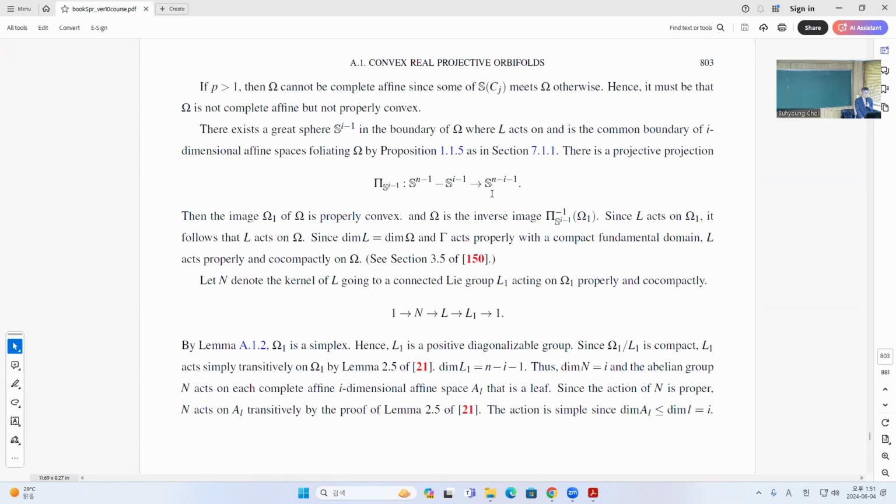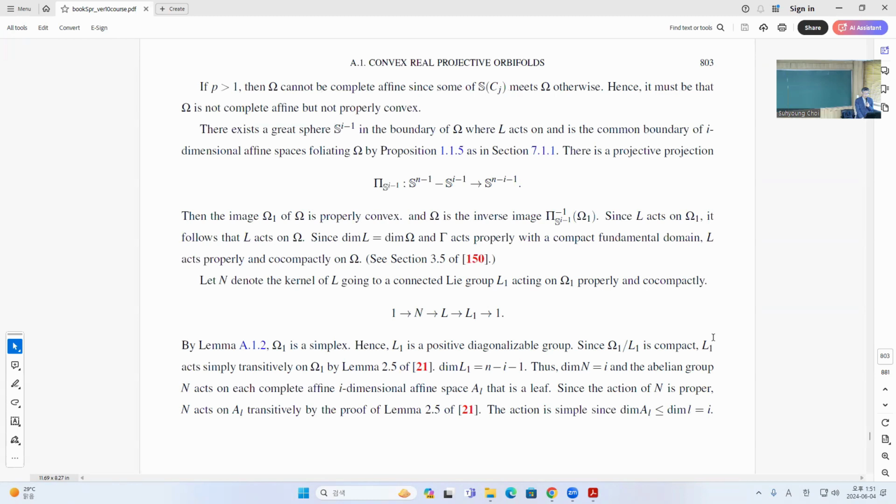So if you remove it, then there's a projection to this. And then you get this L1 acting on this image of omega. Okay, so this is properly convex. And then L is some corner. So L acts trivially on omega, I mean omega 1. Okay.